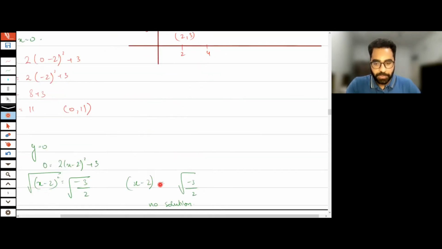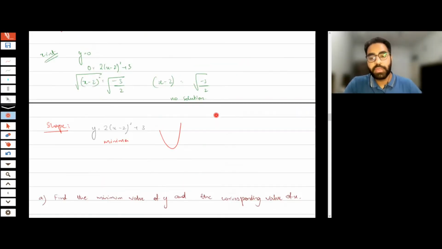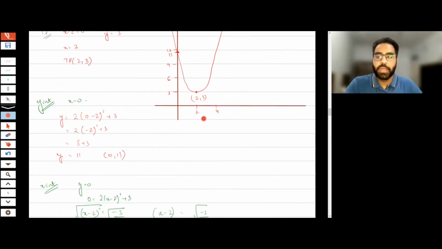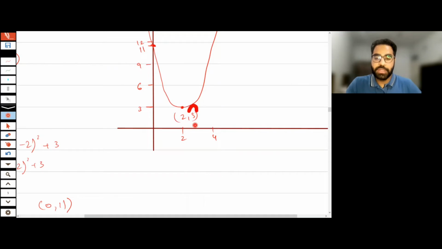Okay. So you're going to write that the minimum or least value of y equals 3. And you also need to give the corresponding value of x, and the corresponding value of x would be the x coordinate of the turning point, because you need to give that value of x at which you got the least value of y.